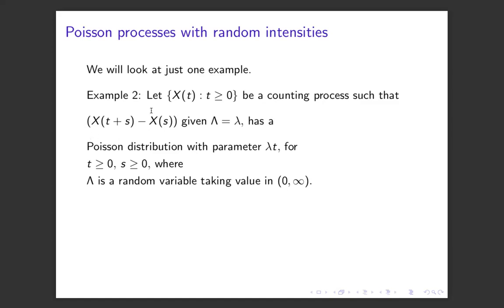That is this random variable. The time points differ by t units. So it has, just like the homogeneous process, the parameter lambda t for any t greater than or equal to 0 and s greater than or equal to 0. And of course, these parameters will have to vary over positive numbers. So this capital Lambda is a random variable taking value in (0, infinity).